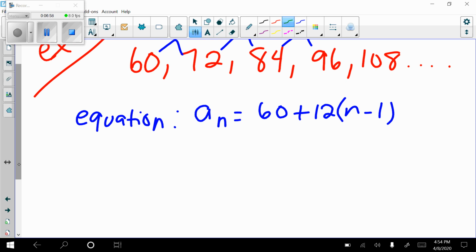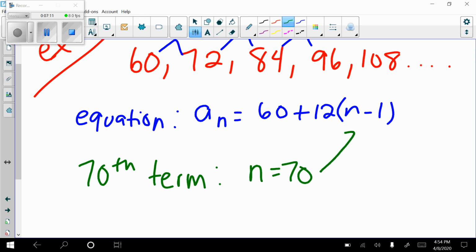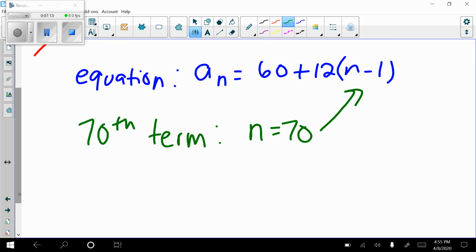Then I'm going to ask you to find a specific term. Let's change it up and say find the 70th term. That means we're plugging in n equals 70. So it would be a70 equals 60 plus 12 times 70 minus 1.